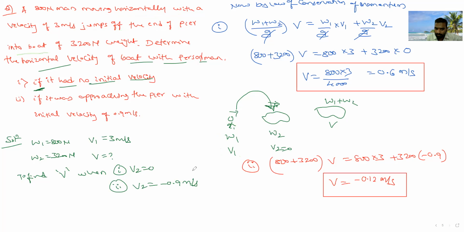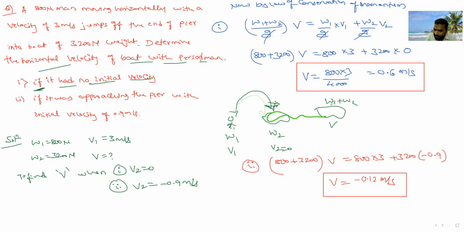Okay, there is a pier. What will he do? He will jump off into the boat. He was there at the pier initially, and he is jumping into the boat. Then the boat weight is given, 3,200. Determine the horizontal velocity of the boat with person. Once the person jumps into the boat, it is going to move.